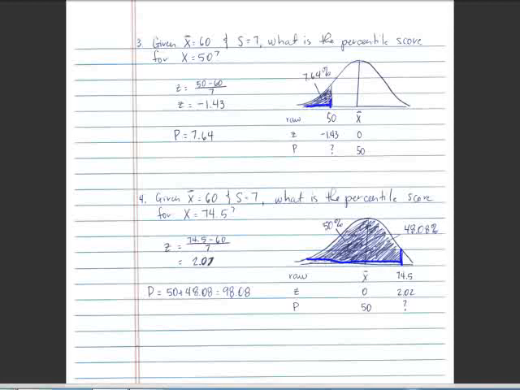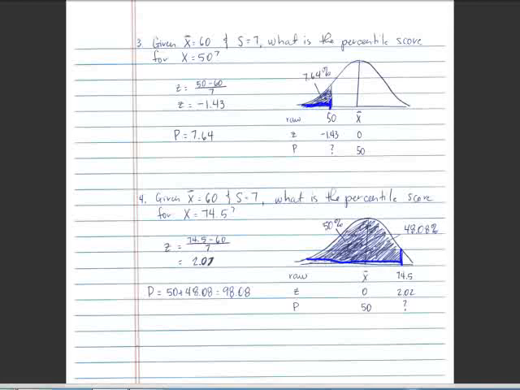Okay, so let's look at number 3. Raw score, we're looking for the percentile for a raw score of 50. And so 50 minus 60 divided by 7 gives us a z of 1.43, or minus 1.43. So I go to my table. Again, I go to column C because I want what is at this z and beyond.